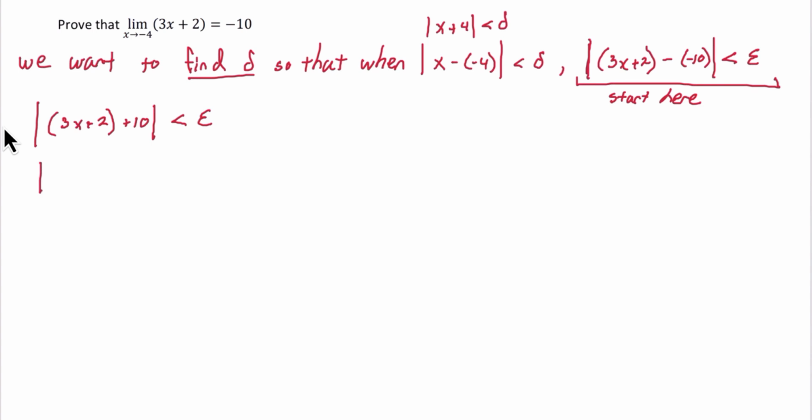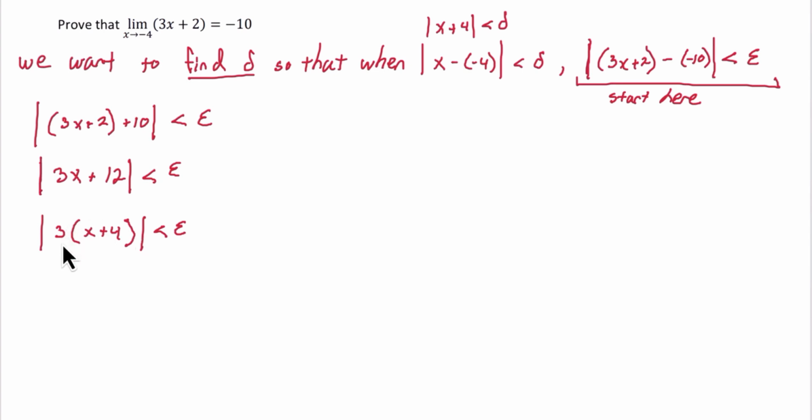So we have the absolute value of 3x plus, we'll add 2 and 10 to get 12. And that is still less than epsilon. We can factor out a 3 inside the absolute value. We'll have absolute value of 3 times x plus 4. And that is, again, less than epsilon. So we're getting close. Again, we want x plus 4 inside the absolute value.